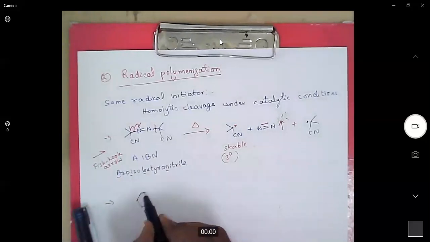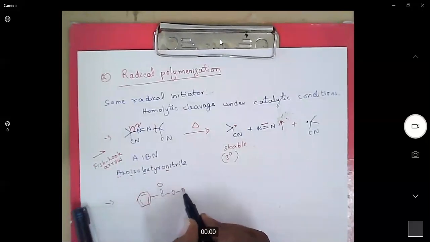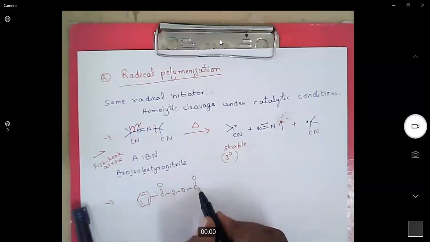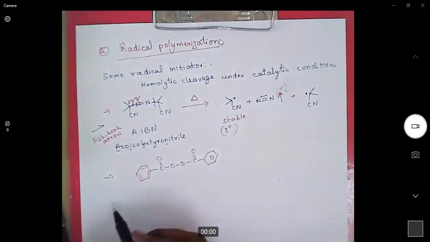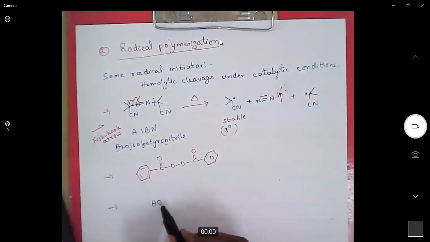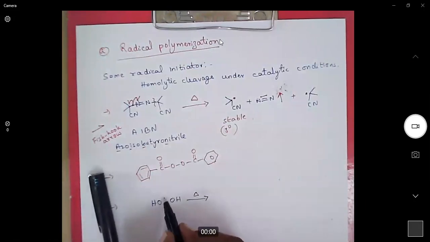We can also use peroxide reagents to generate radicals. First I'll take hydrogen peroxide and then I'll explain it. When we heat hydrogen peroxide, it will undergo homolytic cleavage.